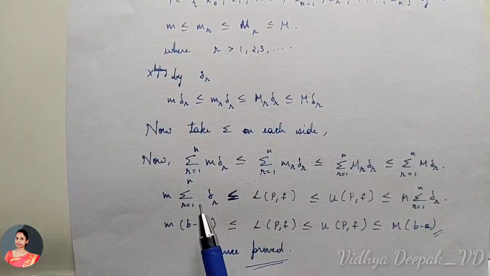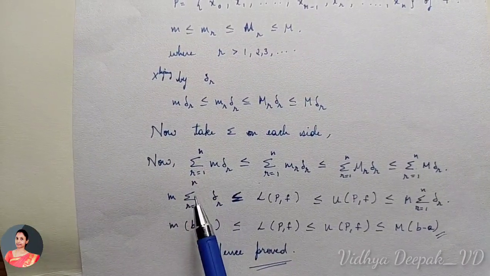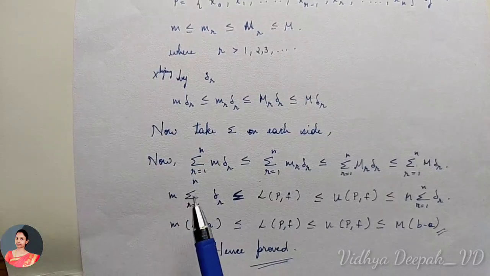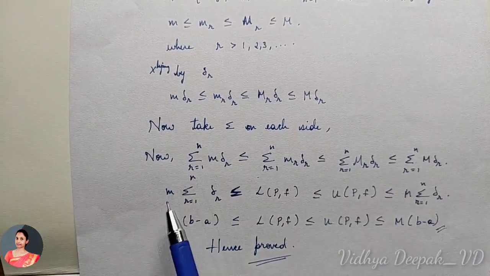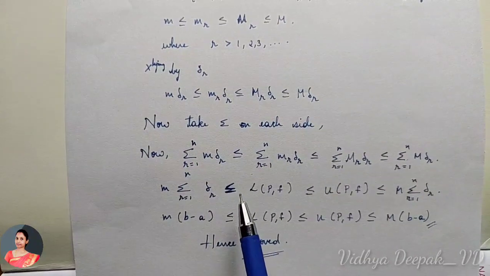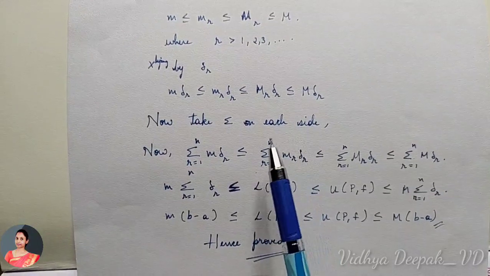Now we can take m outside, because it is a constant, and write m times sigma r equal to 1 to n delta r, less than or equal to, this is nothing but your lower Riemann sum.